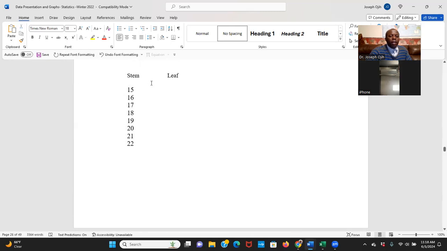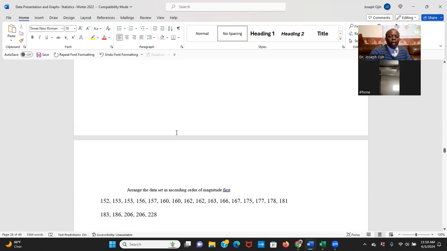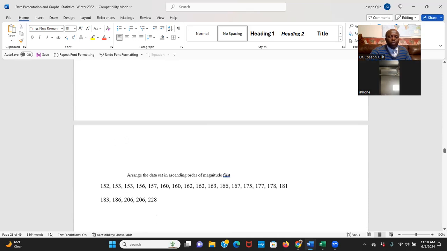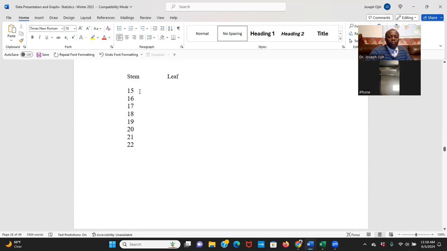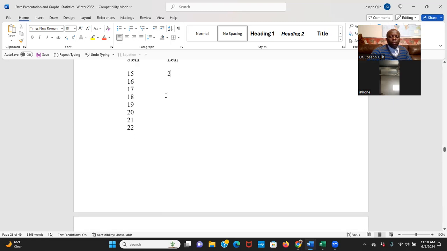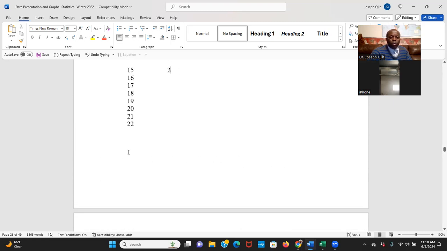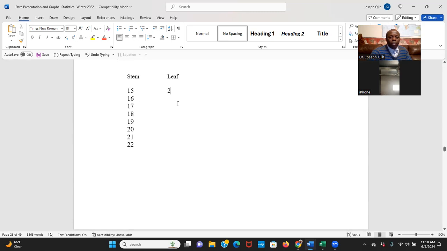Now for the leaf, if you look at this, say 152. That means 1, 5, then 2. That means 152. The other number is 153. We already have 15 here, so you just put 3.